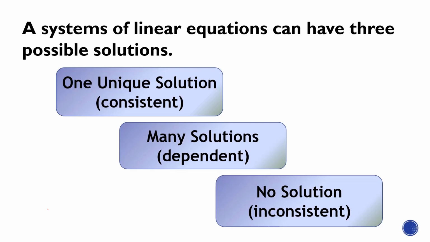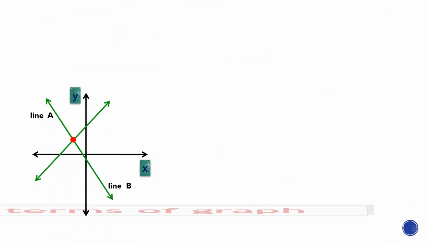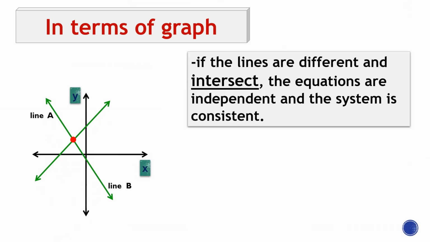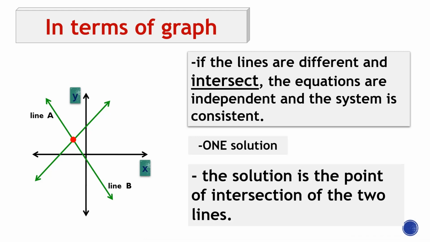Well, there are two possibilities. The first is if it's a graph. If you see two lines and they intersect, then the equations are independent and the system is consistent. If that's the case, then we will have one unique solution. And the solution is the point of intersection of the two lines.